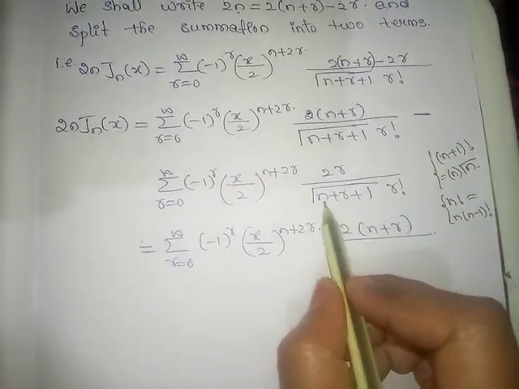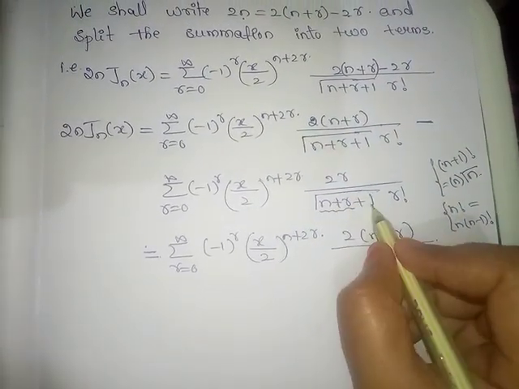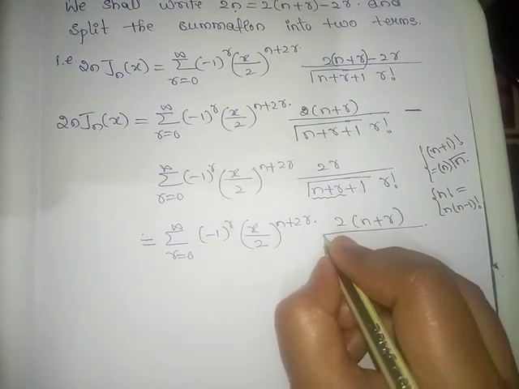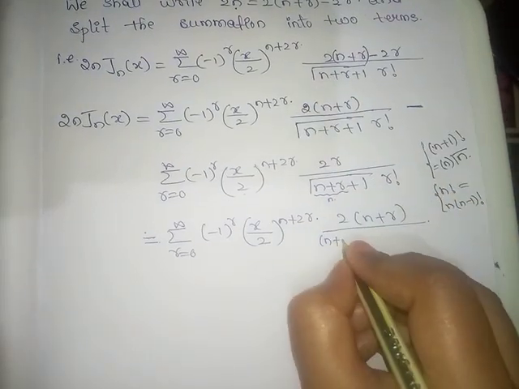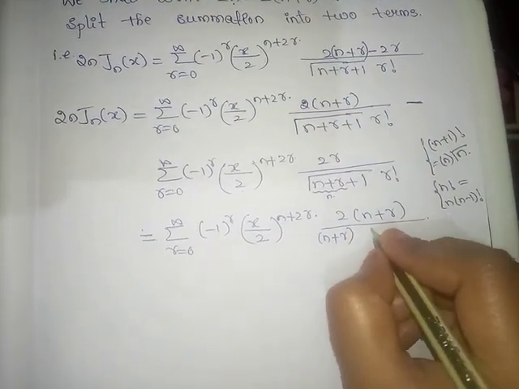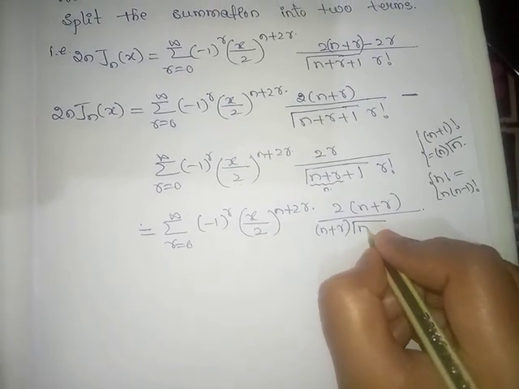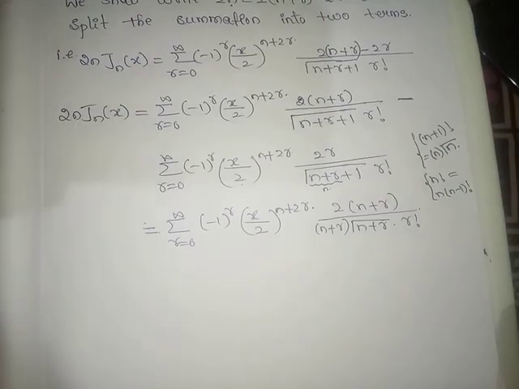Now consider this as one term, n plus 1 factorial. This can be written as n into gamma of n. Therefore it is n plus r into gamma of n plus r, into r factorial as it is.